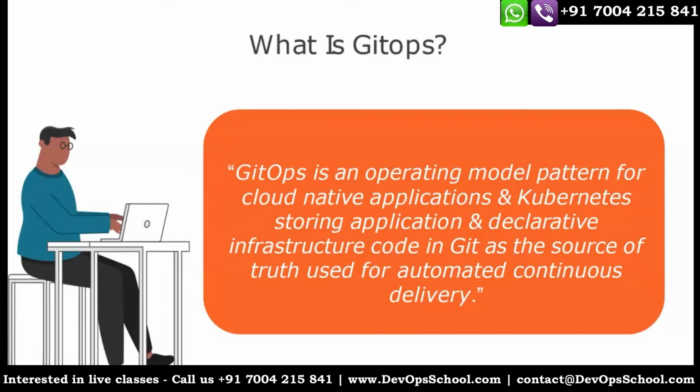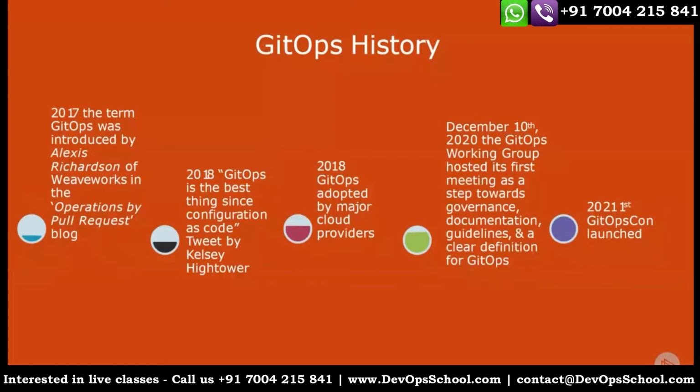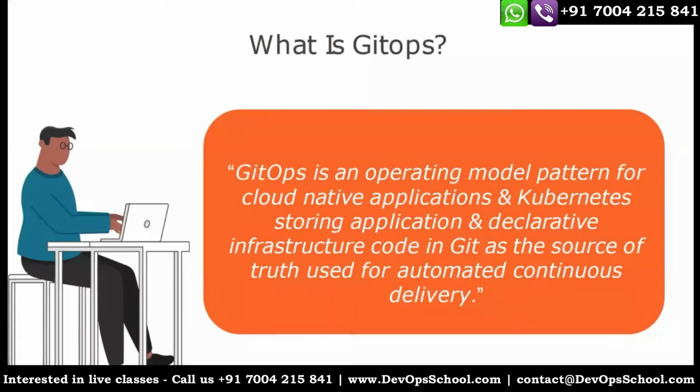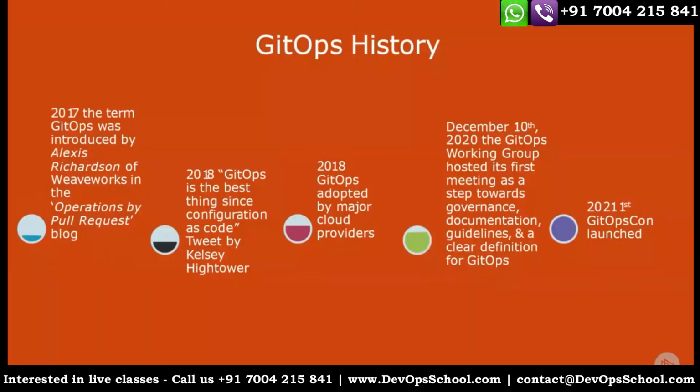Okay, so in a simple way, earlier in the traditional model of deployment we used to do all this work manually, but we want to automate everything. We want to automate deployment in the container world. So we are using the GitOps concept.